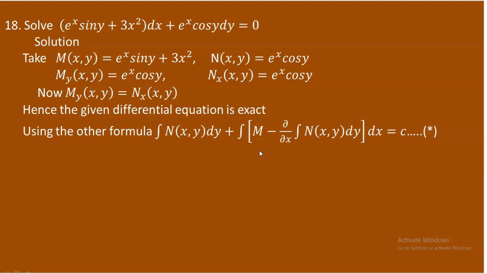Now what is the difference between the two? Look, in the first case, we were having M(x,y) dx plus the integral of N minus the partial derivative with respect to y of the integral of M(x,y) dx, dy. It was like that.